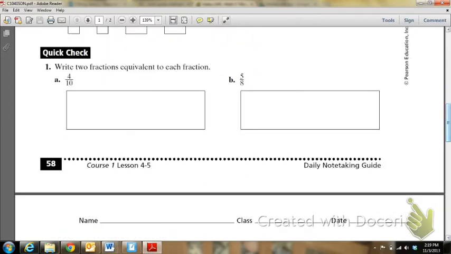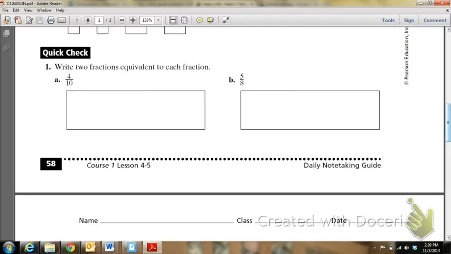Actually, here what they're going to do first, before moving on, is have you try two quick checks. So you're going to just write two fractions that are equivalent to each, not three like they did in the example. So just come up with two other fractions, either multiplying the top and bottom by the same number, or you can divide the top and bottom by the same number in example A, and come up with two fractions that are equivalent to 4/10.